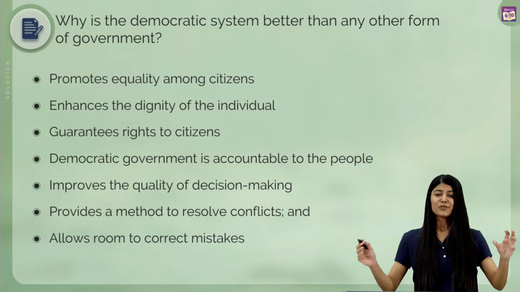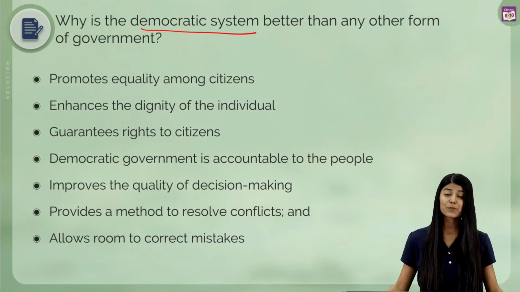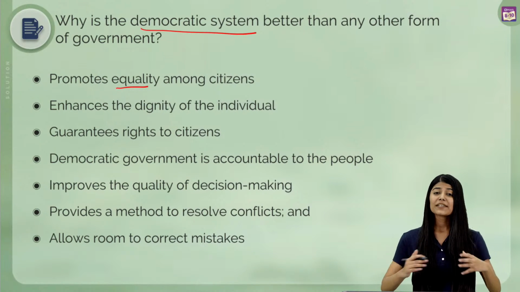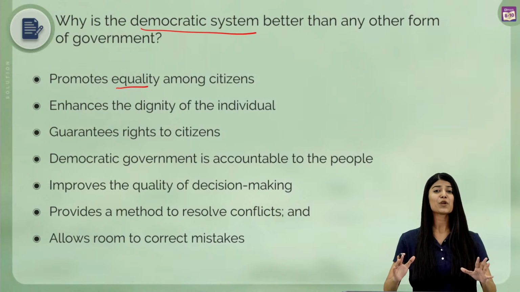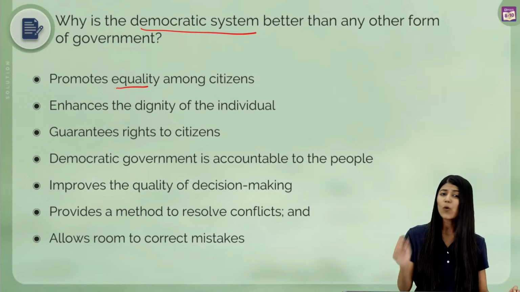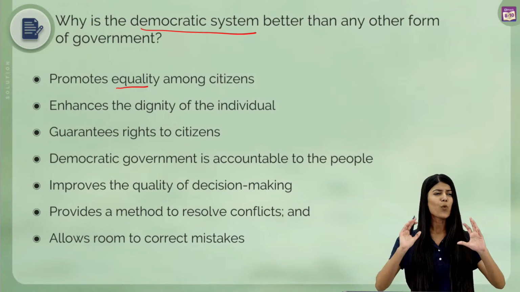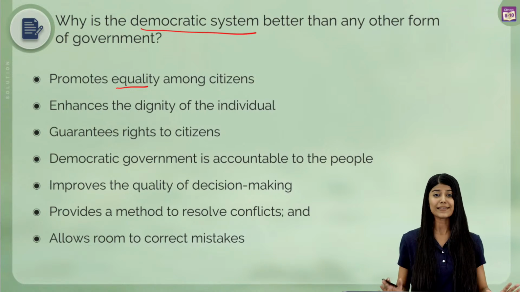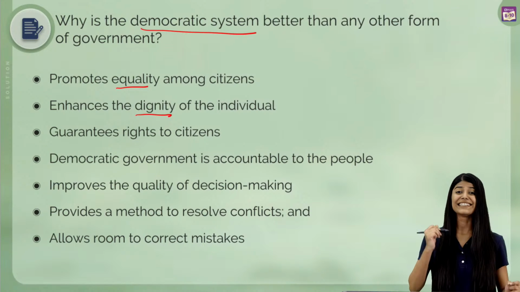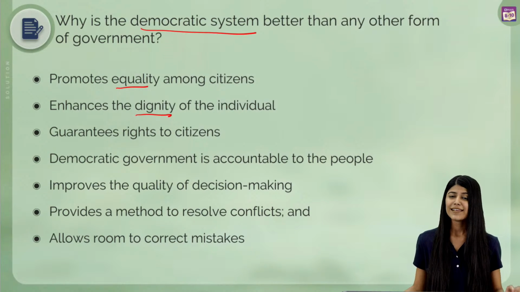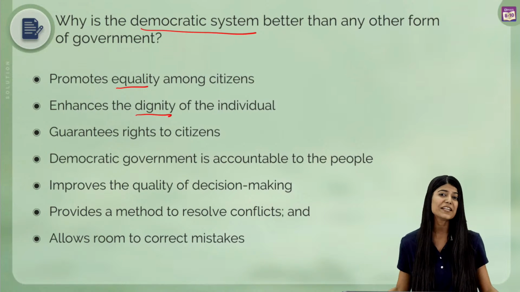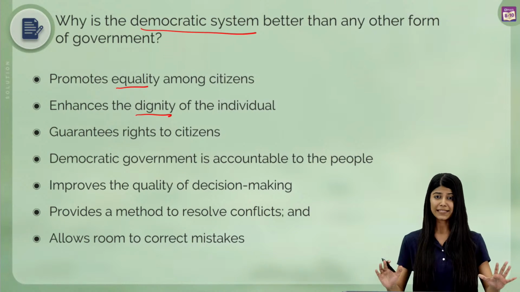All right. So the democratic system promotes equality among citizens. What does this mean? Democracy ensures that each and everyone is treated equally and gets equal opportunities, no matter what their religion, caste or gender is. Moving forward, democracy enhances the dignity of the individual. Democracy recognizes and respects the freedom of the people. So what do we mean by that?